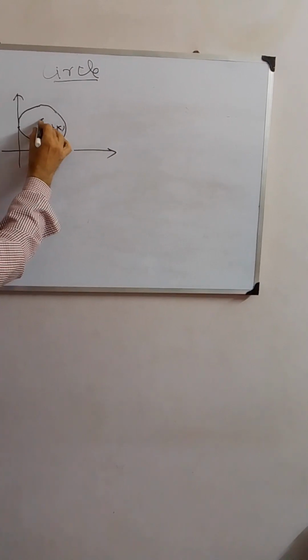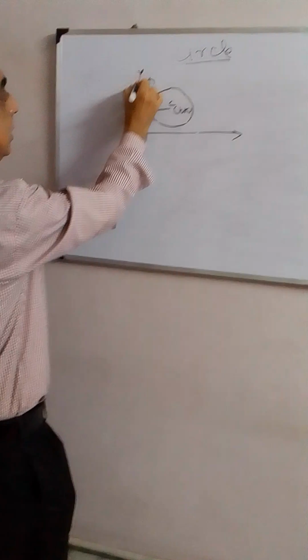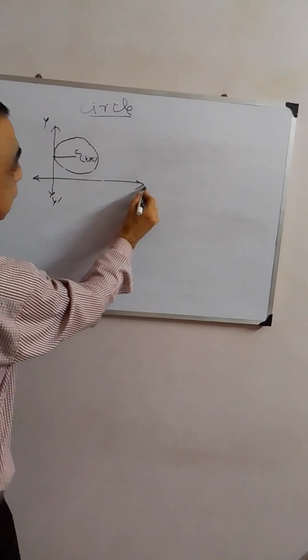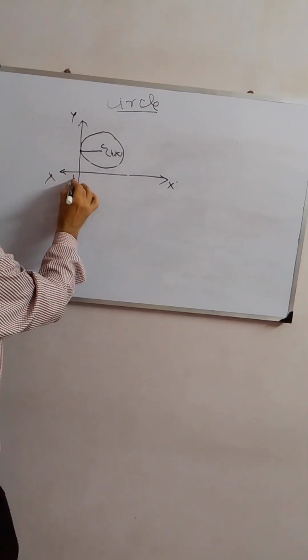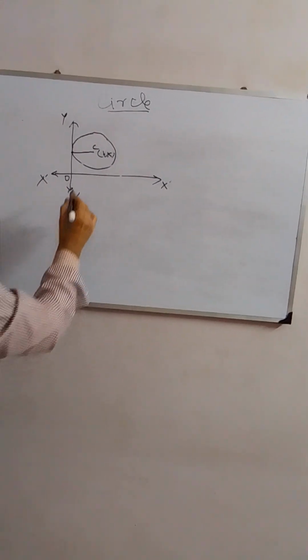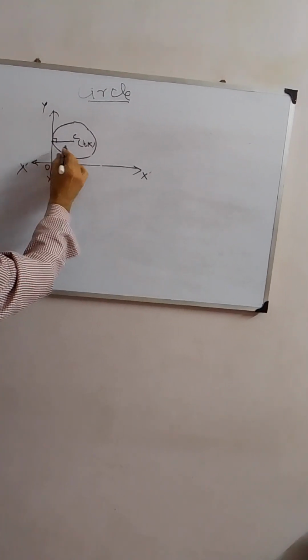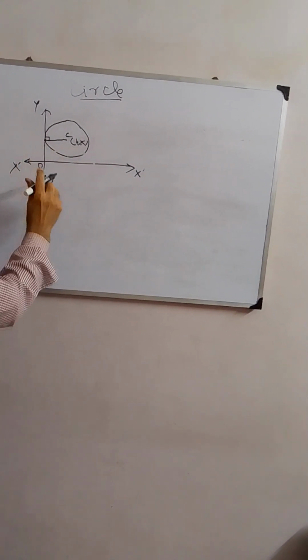This is the center C, h, k. So the y-axis will be the tangent to the circle, and this will be perpendicular. The distance of this point from the y-axis is the x-coordinate.